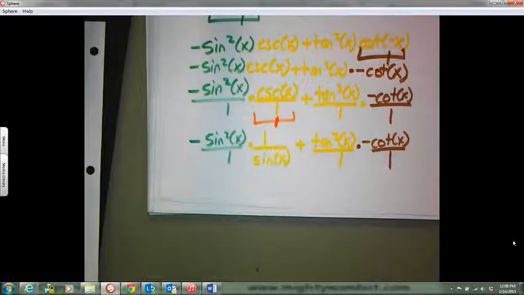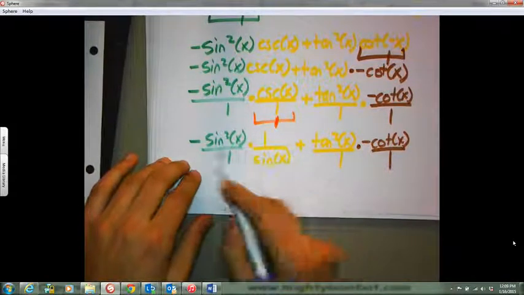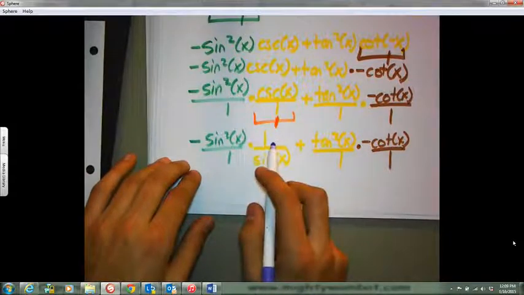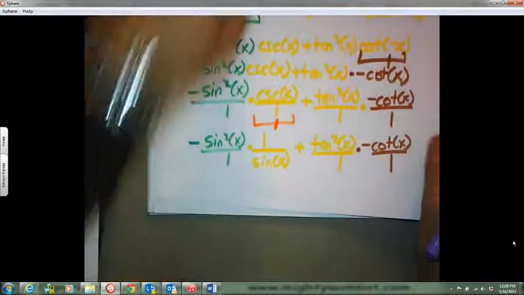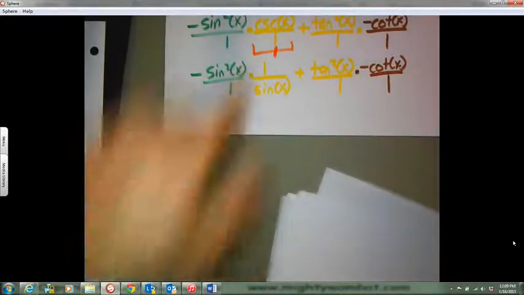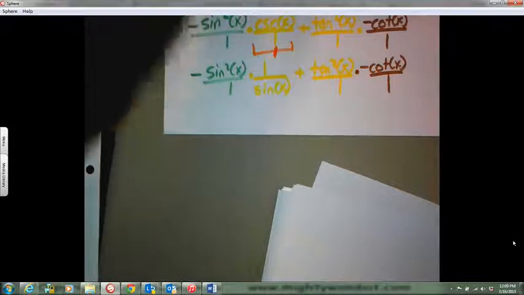Now complete the Algebra 1 of multiplying these two fractions on the left.